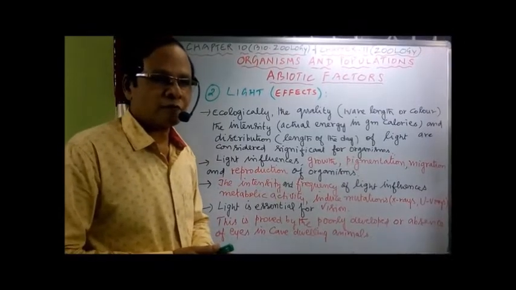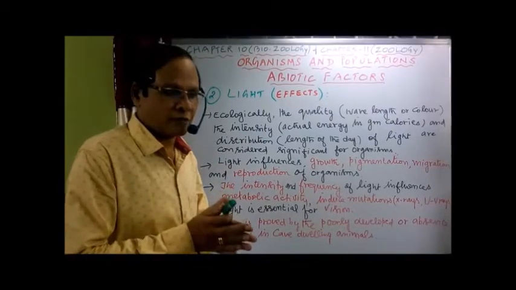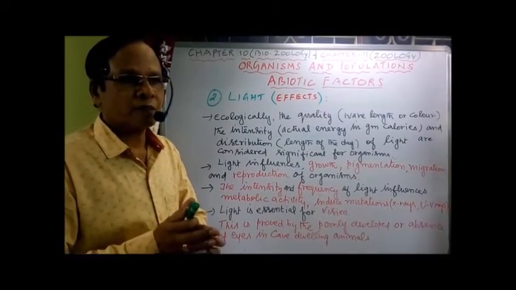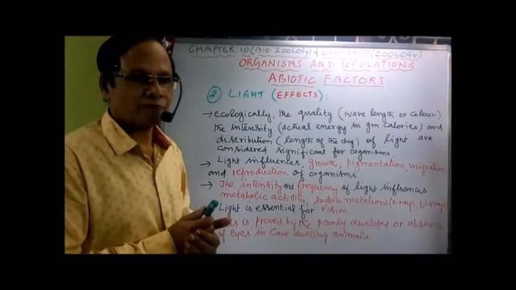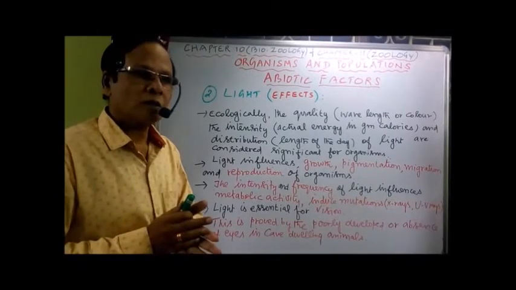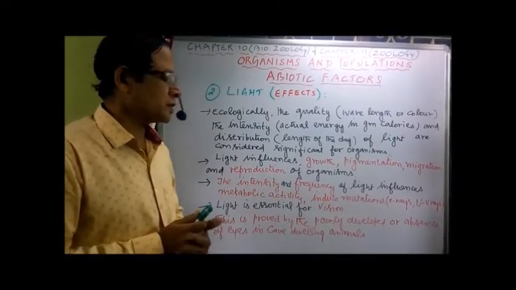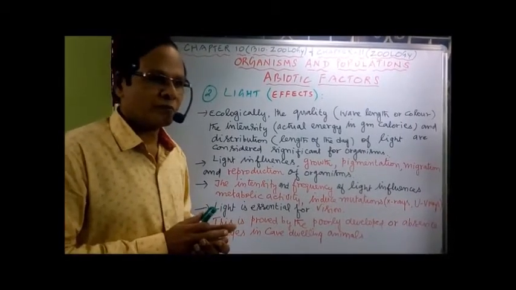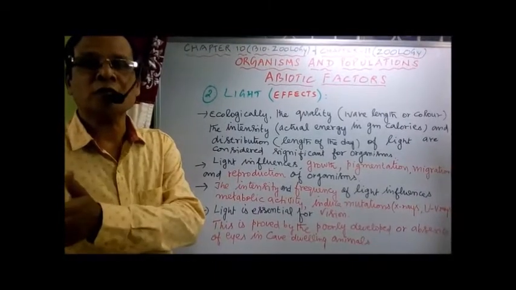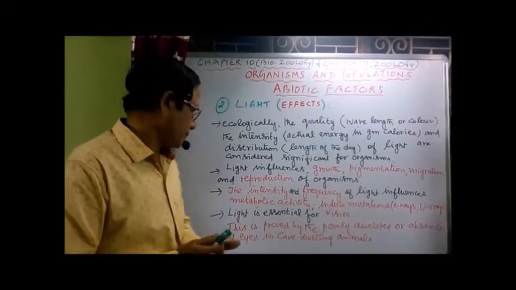There is an example in the case of cave-dwelling animals. As there is no necessity for them to have light, the cave-dwelling animals have either absent or poorly developed eyes. In cave-dwelling animals there is darkness, so there is no need to have eyes.